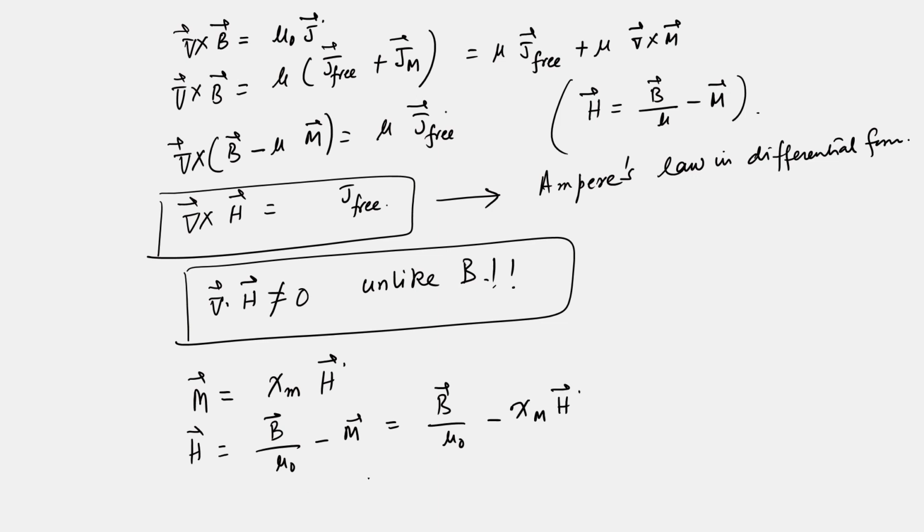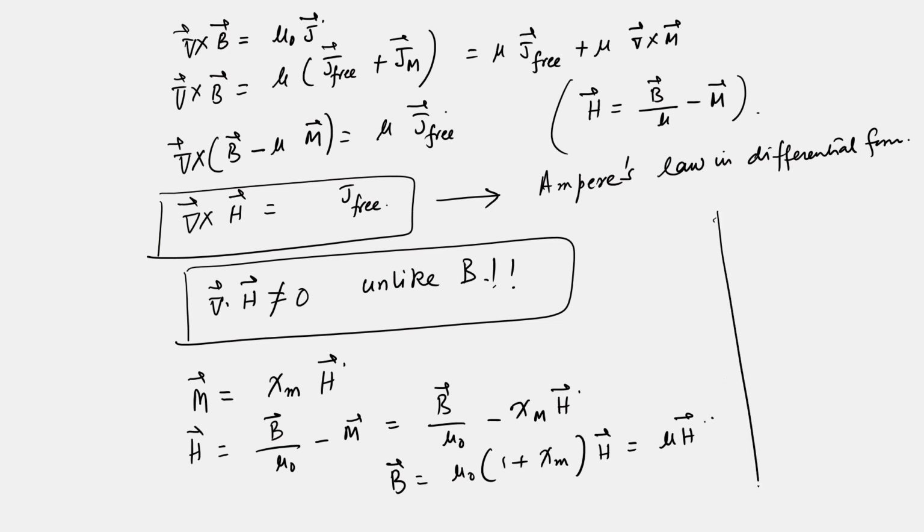Okay. And so, we have told what these values of mu 0 etcetera are. Now, your B is equal to mu 0 into 1 plus chi m into H, which is equal to mu into H, and this mu is called the magnetic permeability of the medium.